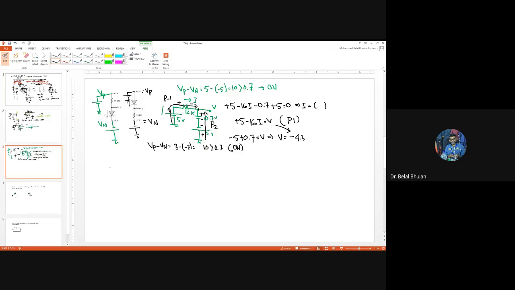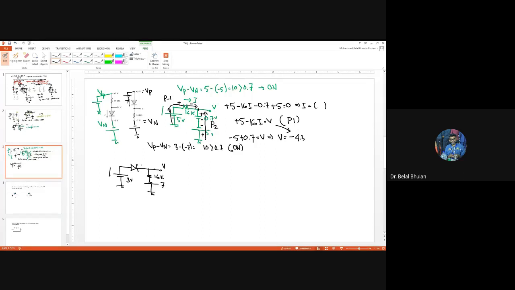Now, if we draw the circuit completely: 3 volt, then the diode, then the resistor, then the DC voltage source, 7.